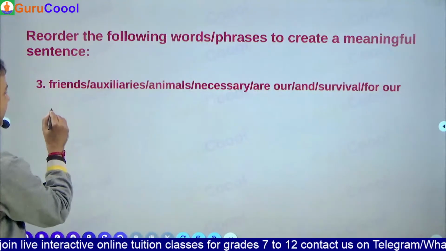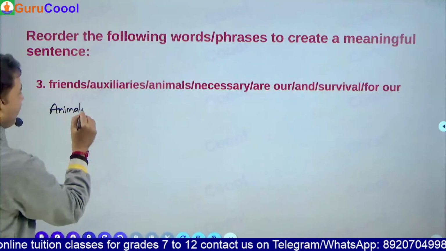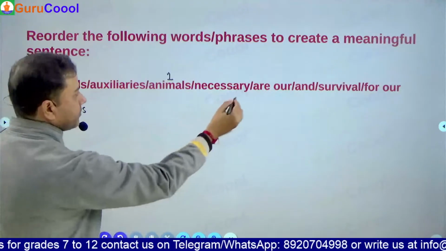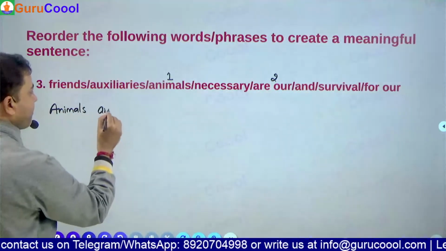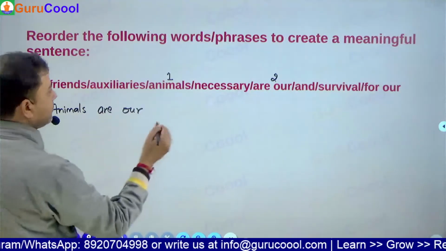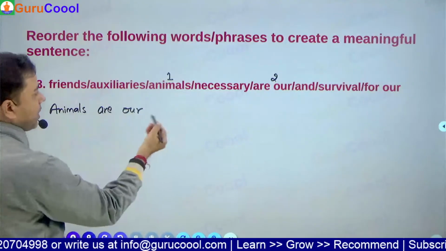So write: animals are our... Number 2. Animals are our auxiliaries or friends, whatever you want, you can write first.